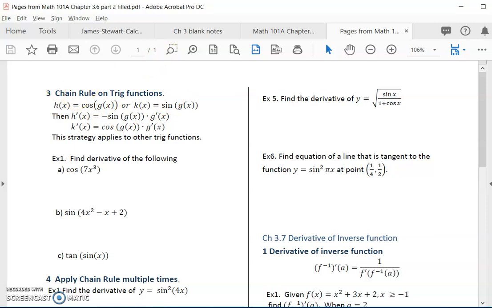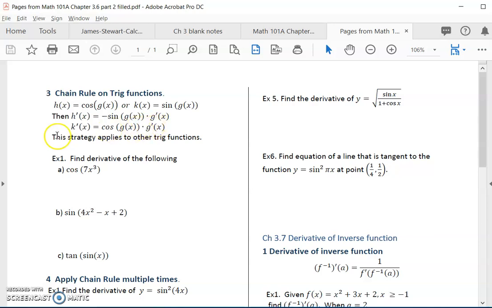If my function is cosine of something, then when I do the derivative of it, cosine becomes negative sine of the same thing, and then I do the derivative of the inside. When I do k of x, k prime of x, the derivative of sine of something would be cosine of something, times the derivative of the inside, g prime of x.